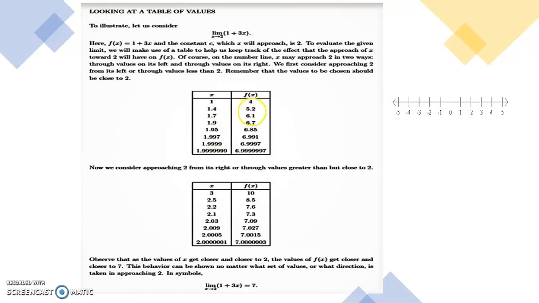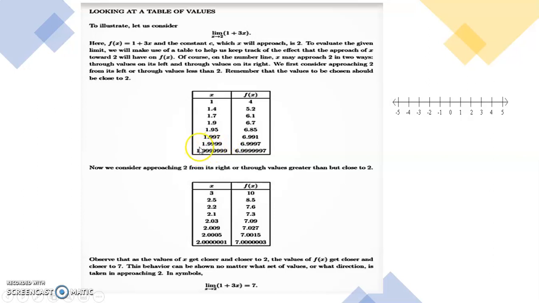Now, using a table of values, let's take a look at the number line. So here is 2. Using the table of values, we will assign values of x from the left of 2. So you can assign here 1, 1.4, 1.7, and so on up to 1.999.